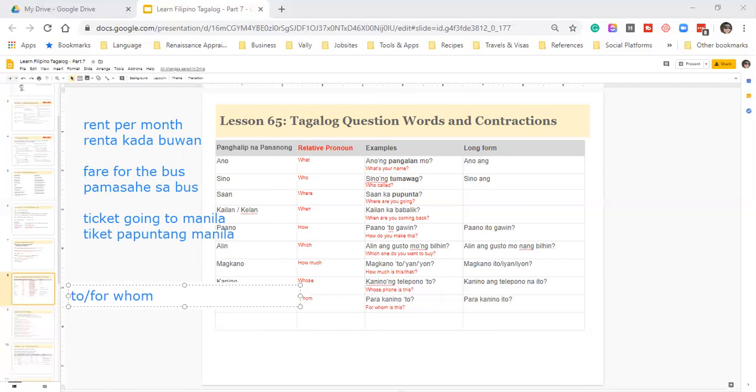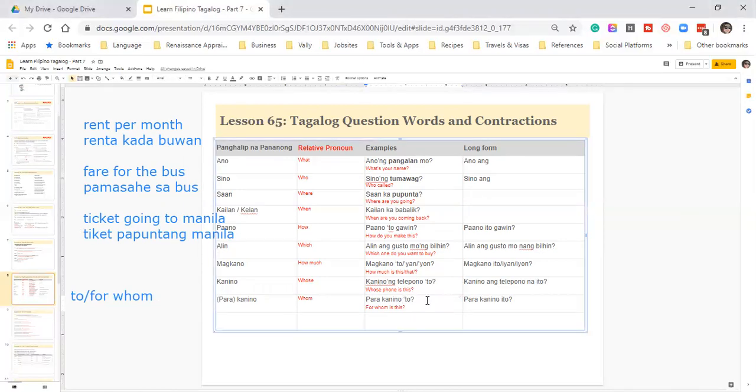So to or for whom we want to say para. So for example, you want to ask, para kanino, because ito here is a non-personal pronoun. That's why it's ito. There's no noun. I will add the noun here. For example, ang bulaklak na ito. For whom?